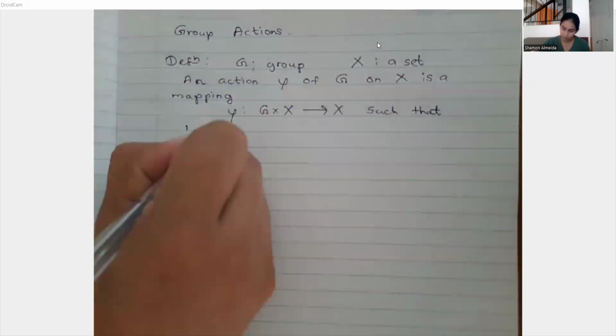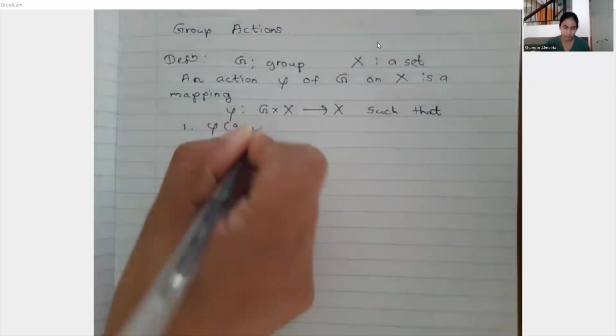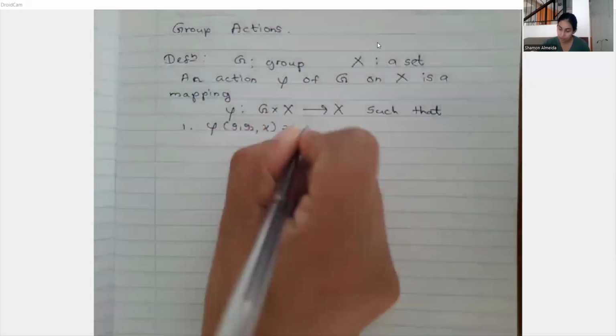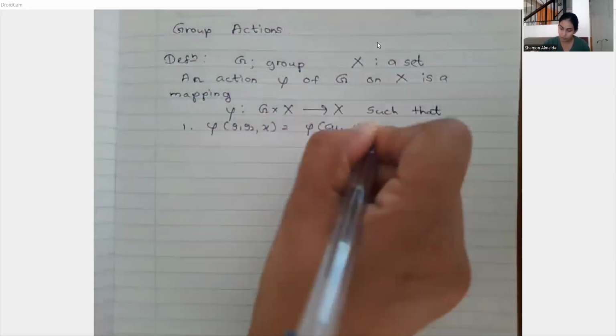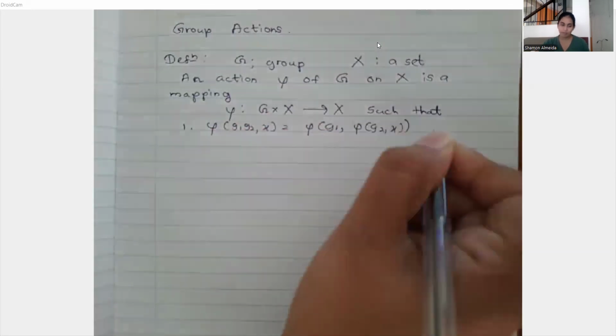First, phi of G1, G2, X is equal to phi of G1, phi of G2 of X.